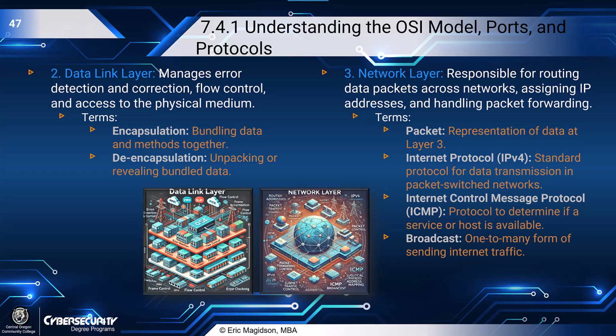A couple key terms that you may be familiar with. So, using the ping command, so the ICMP protocol to determine if a service or host is available, right? Can we ping it? Can we communicate with it? And a broadcast is a one-to-many form where we send information to many devices. So we can broadcast, say a service request over a network together.